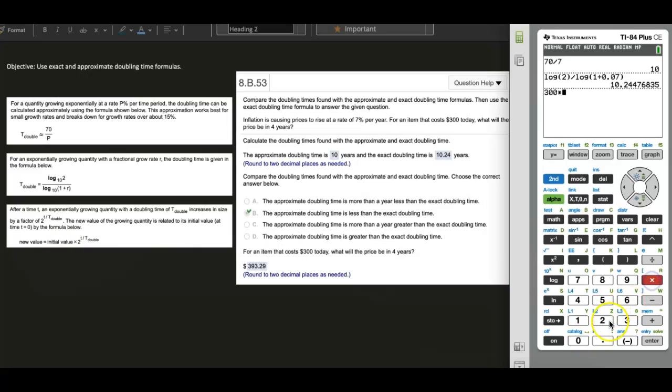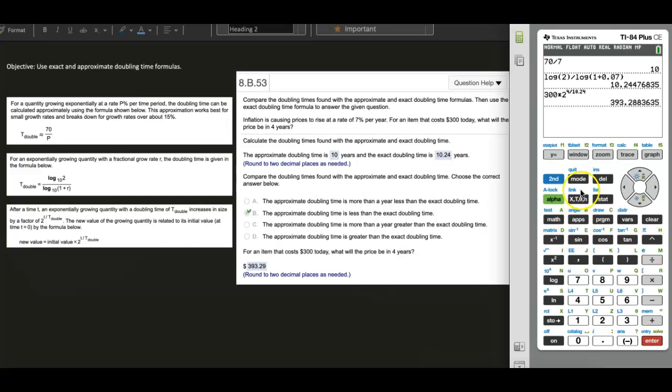We're going to multiply that by 2 raised, so this is in the exponent here, the time in years, which will be 4, divided by the time it takes to double. And we just determined that in this last line here. So that was 10.24. And that's how we get this price rounded to the nearest cent, of course.